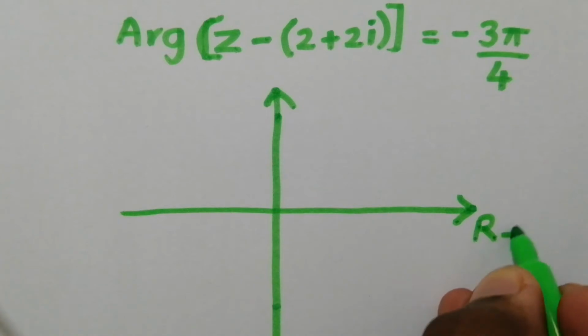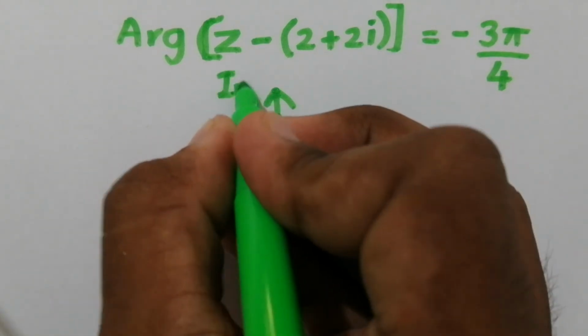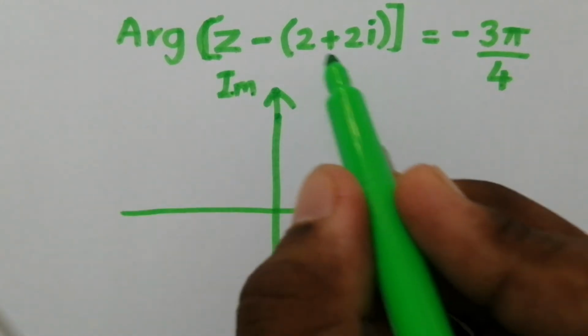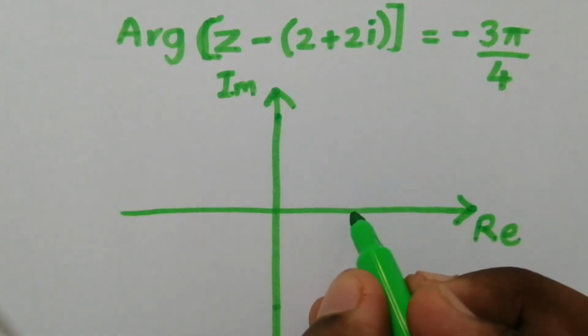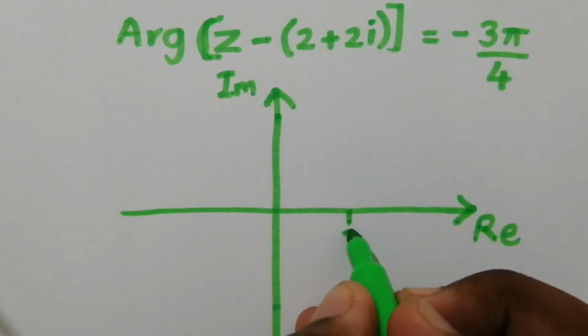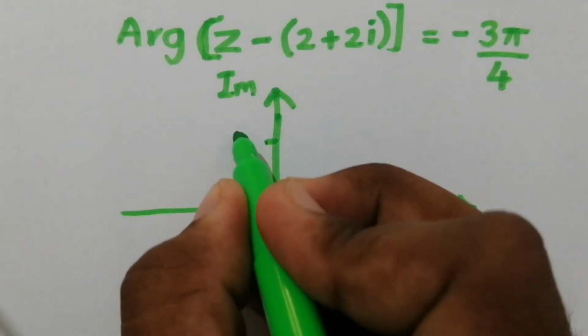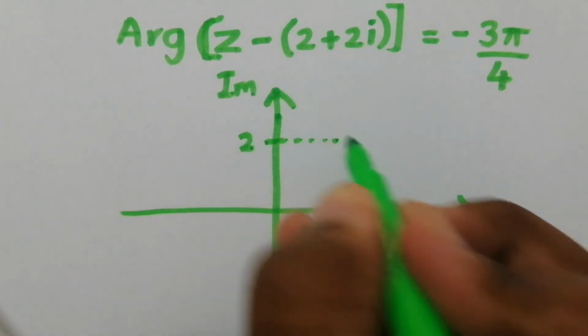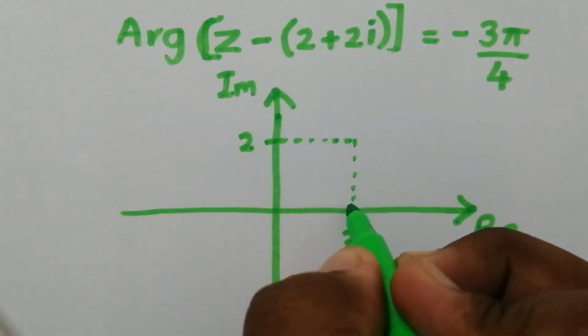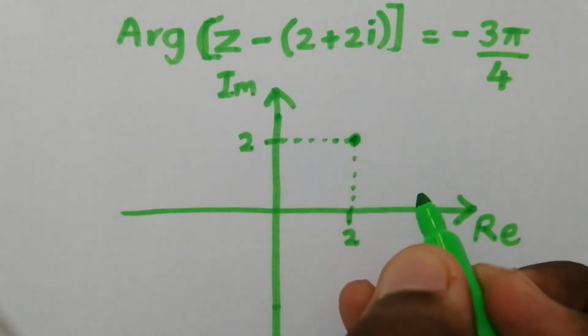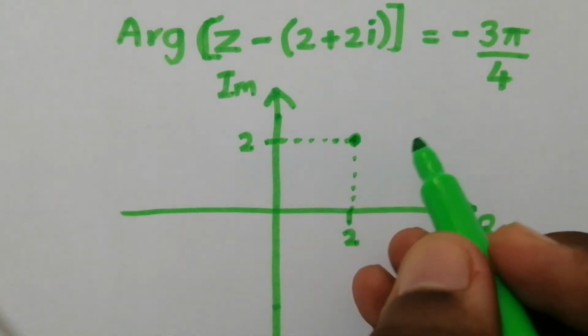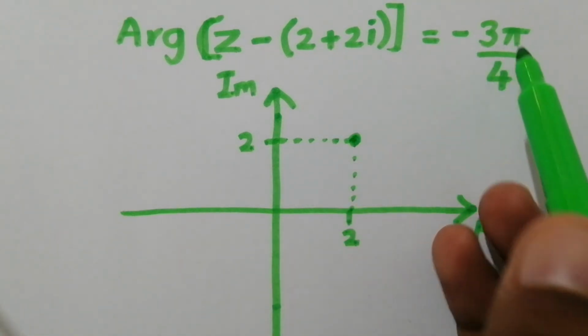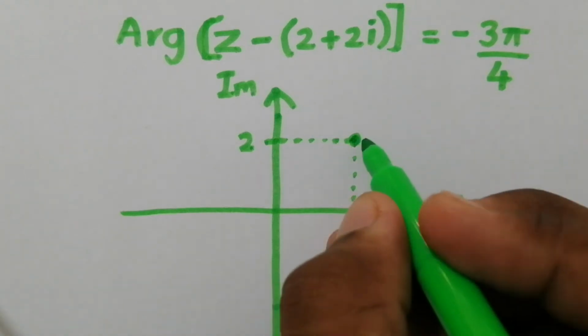This is the real axis, this is the imaginary axis. Here the fixed point is 2 plus 2i, so the real part is 2 and the imaginary part is also 2, and this is the fixed point. Now the angle is minus 3 pi upon 4.